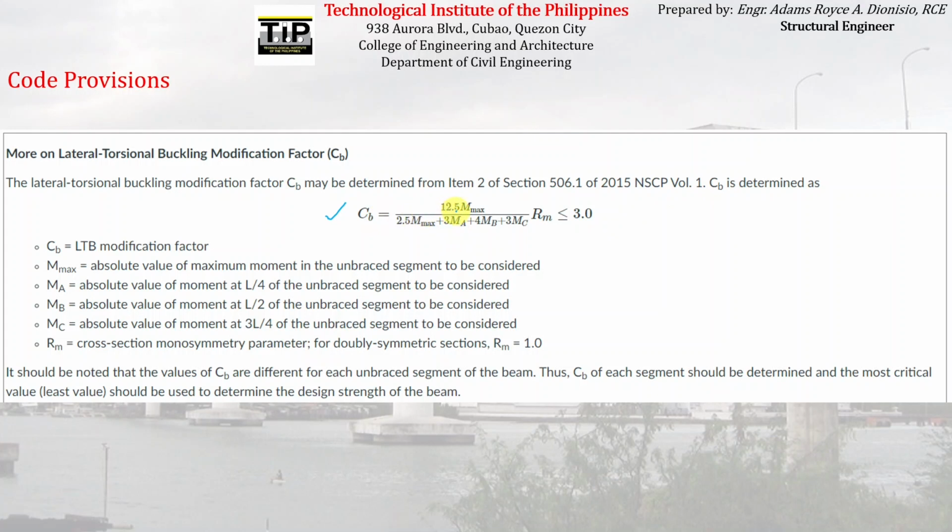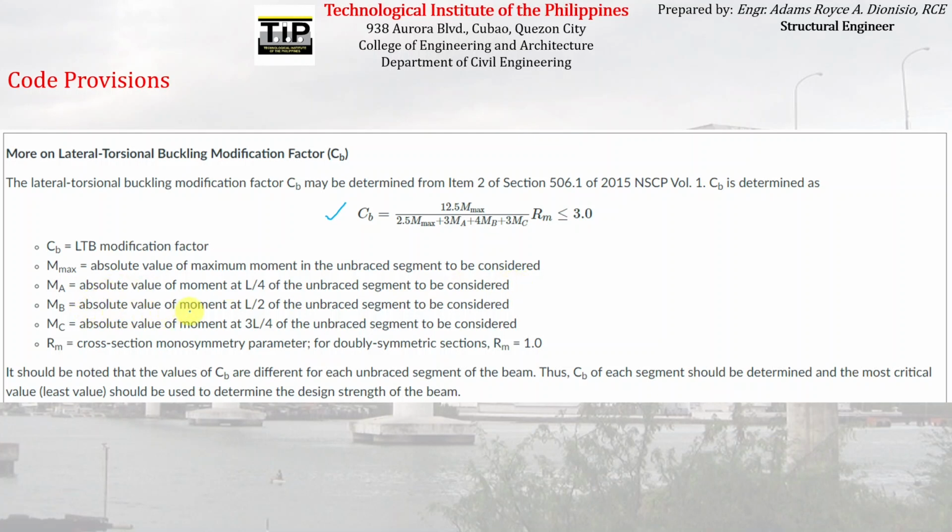CB is just equal to 12.5 M max over 2.5 M max plus 3 MA plus 4 MB plus 3 MC times RM, which must be always less than or equal to 3. CB is the lateral torsional buckling modification factor. M max is the absolute value of maximum moment in the unbraced segment to be considered. MA, absolute value of moment at L over 4 of the unbraced segment to be considered.